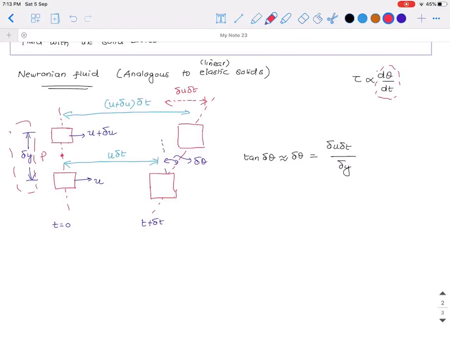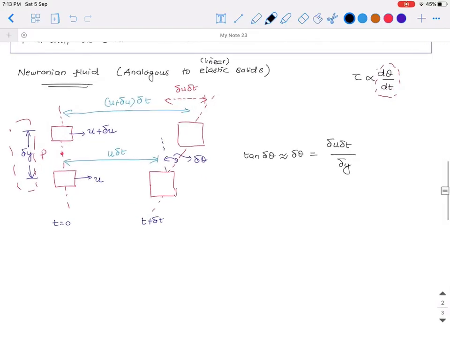When delta t is very small, in the limit delta t tends to 0, we write delta theta as d theta by dt, which we can write from here as du by dy. This is the relation that we wanted.